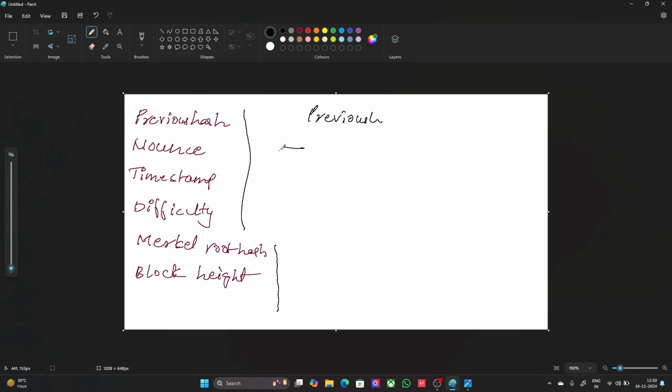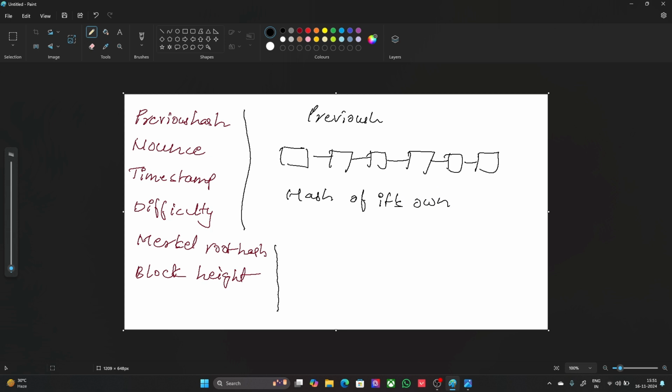If you observe, our blockchain consists of a series of blocks which are connected to each other. In my previous video I explained that each block has a hash of its own. So to link these hashes, let's number them 1, 2, 3, 4, 5, 6.